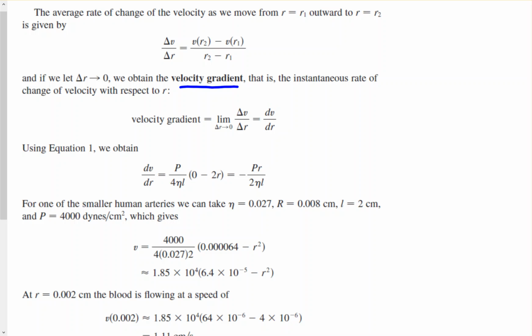If we take the derivative of that first equation we showed earlier, we end up with this formula. That would be the velocity gradient. So if we have smaller human arteries and we plug in these values, we could get an approximation of the velocity and the velocity gradient.